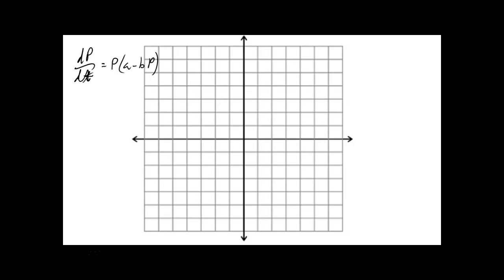Now, one of the first things we might notice is where this derivative is 0, because derivatives of zero mean you're going to have flat tangent lines, and those would be nice things to know. What is true about a flat tangent line?